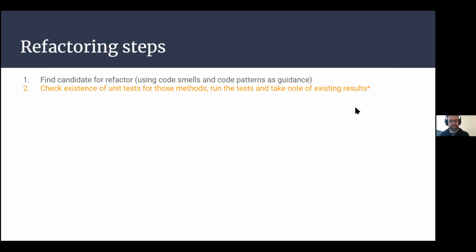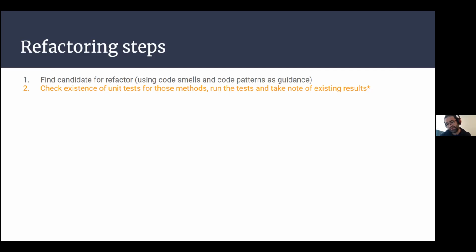Like I mentioned before, the idea is to check for the existence of unit tests for those methods that you're about to change. Before changing anything, run the tests, take note of the existing results. What I mean is that for some reason, which is usually time, people don't always keep up the tests with the classes or with the methods.